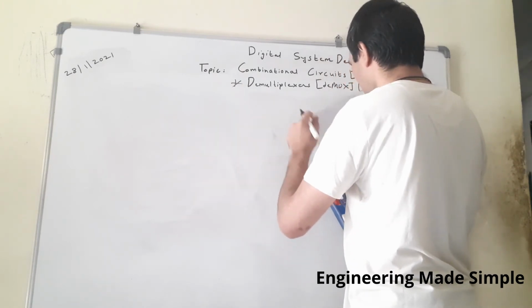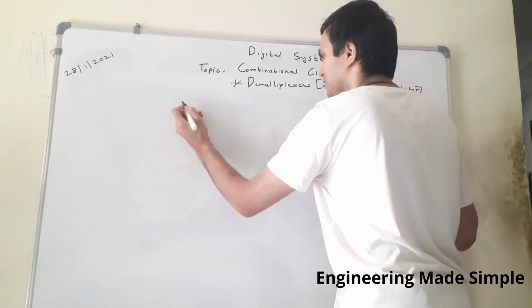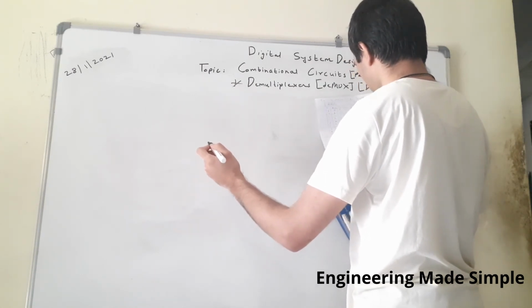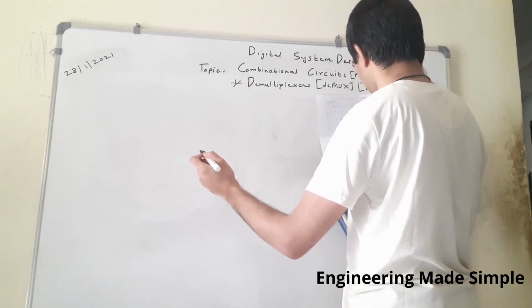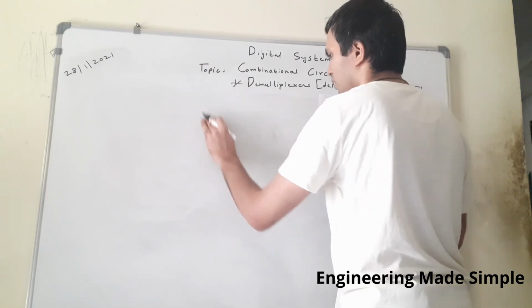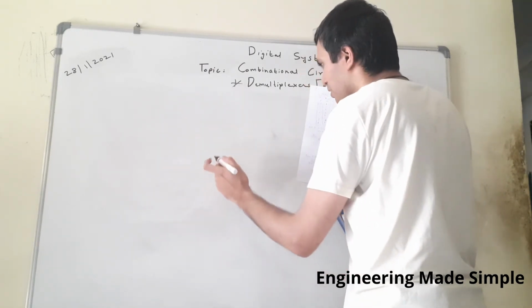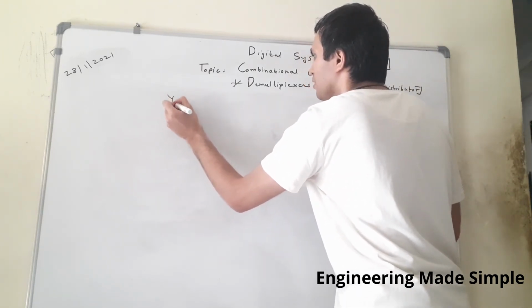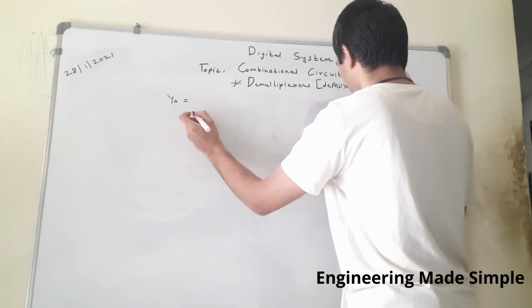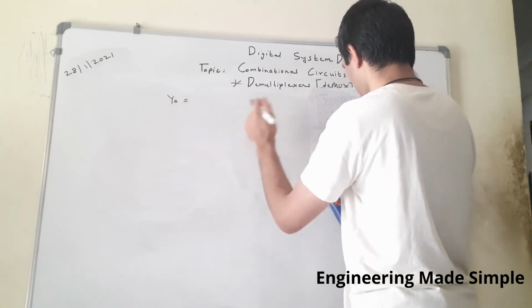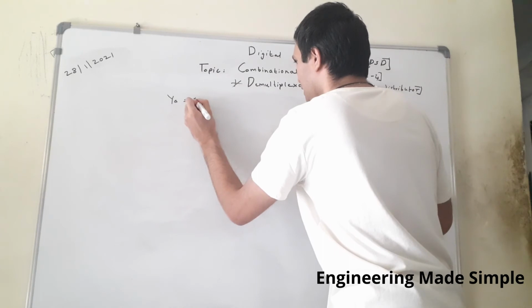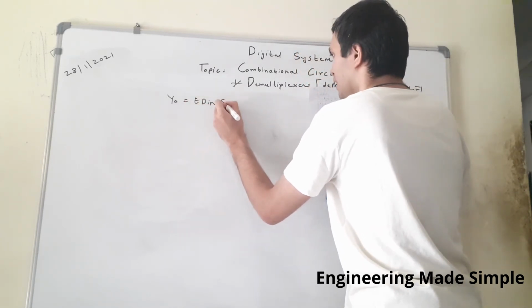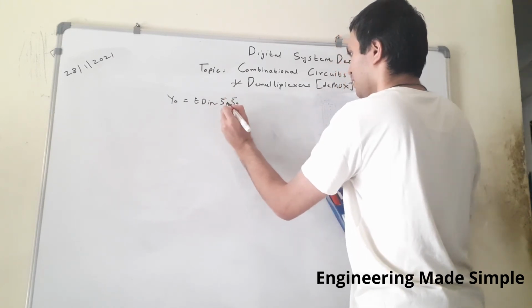For this we need all the four equations, so let us write them down first. What was the first equation? For y0 it was E D_in S1 bar S0 bar.